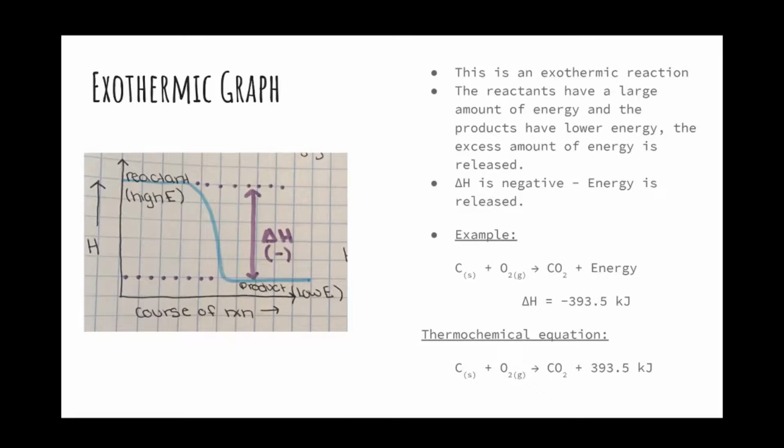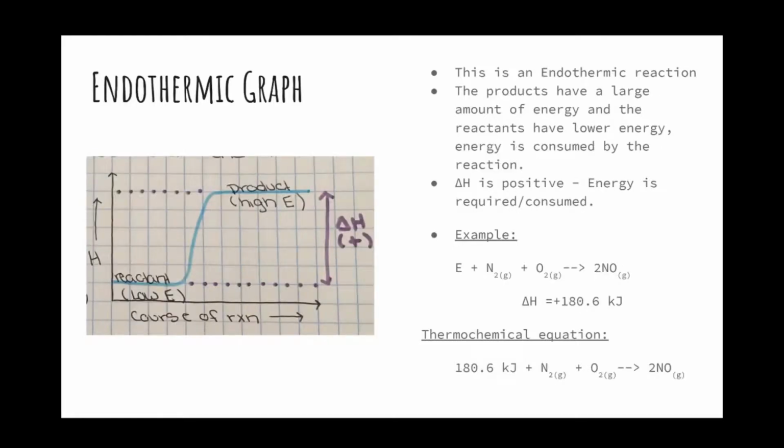So let's take this example and look at what it means when the reaction is endothermic, or we have an endothermic graph. Now here's what we have. If we look at the course of the reaction, we still have reactants turning into products, but notice that the reactants are really low in energy and the products are really high in energy.